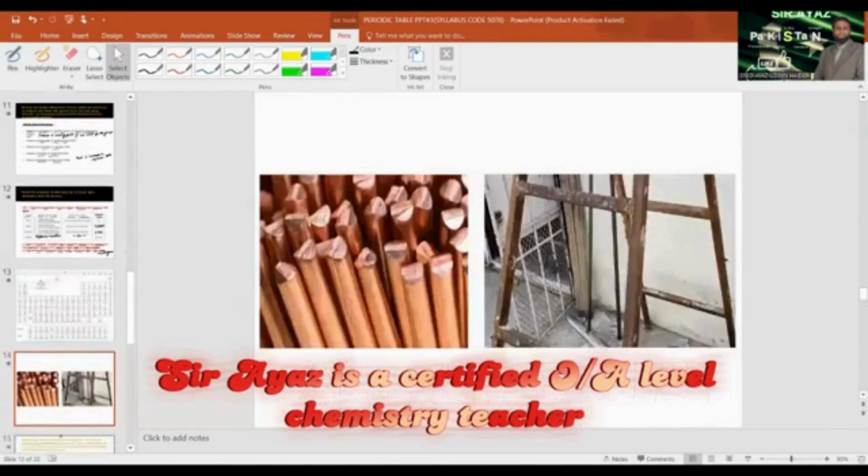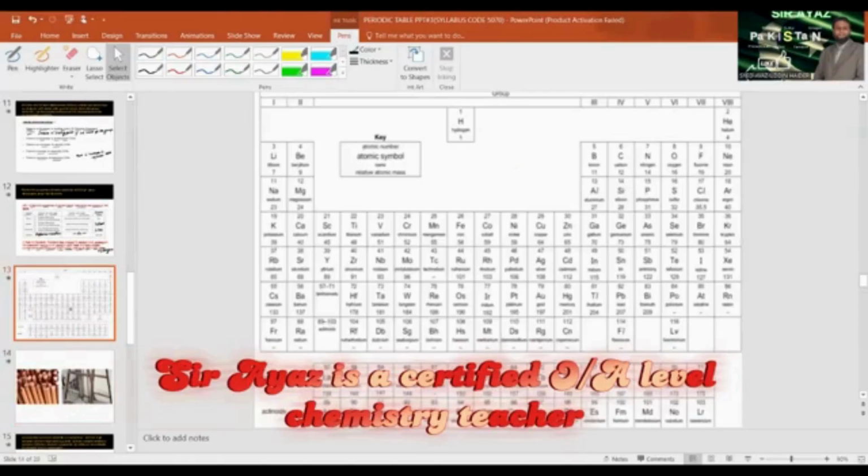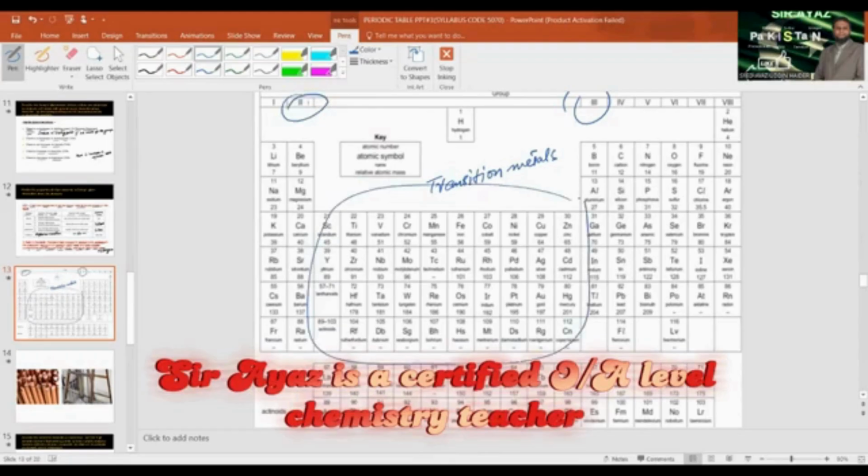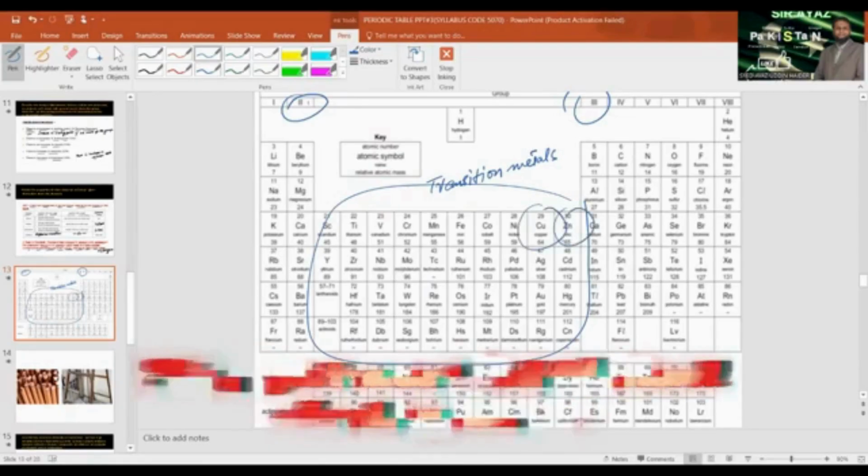Now let's talk about transition metals. Here in the middle, they are between group 2 and group 3. So these all are transition metals. You have notable elements of transition metals like copper, zinc, iron.